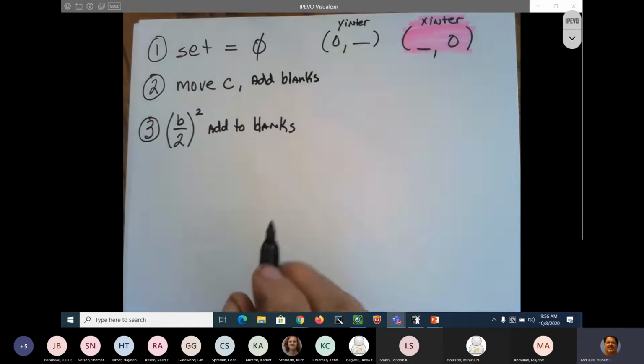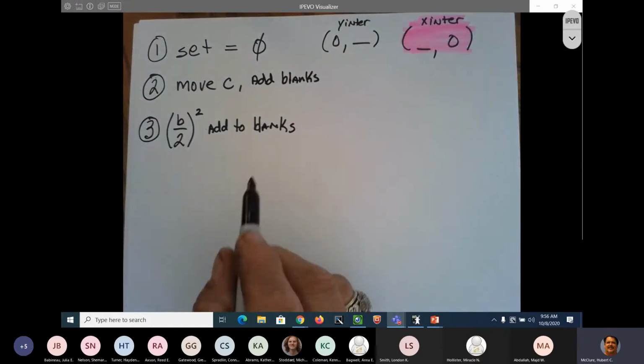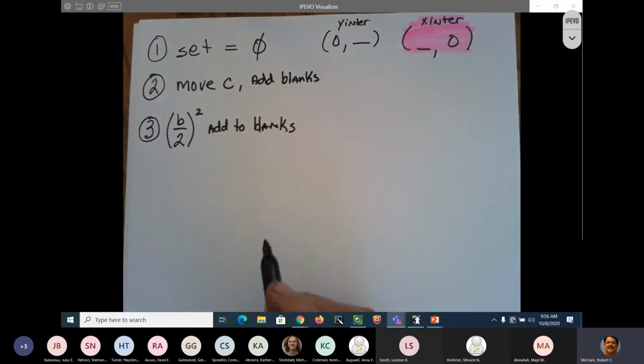Now, there's several different ways to teach completing the square. I choose the blank method because that's the easiest for students to grab a hold of. So just bear with me. If you learned it a different way, you might like the way I'm teaching it, or you may hate it.